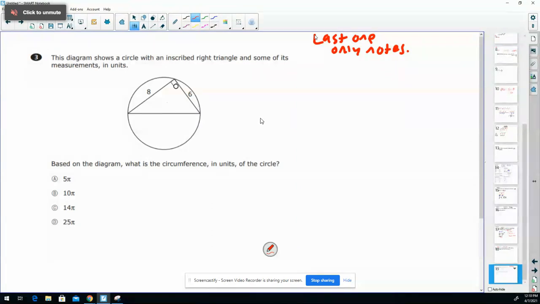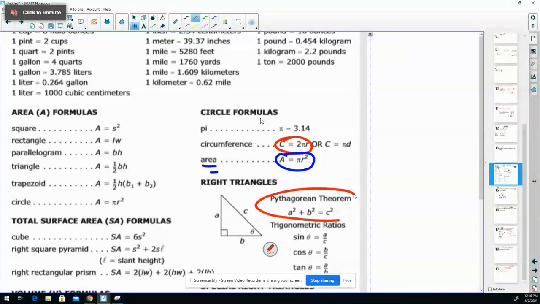So we have a right triangle. All right, flag should go up that we're probably going to want to use Pythagorean theorem. Which is right there on our formula sheet.